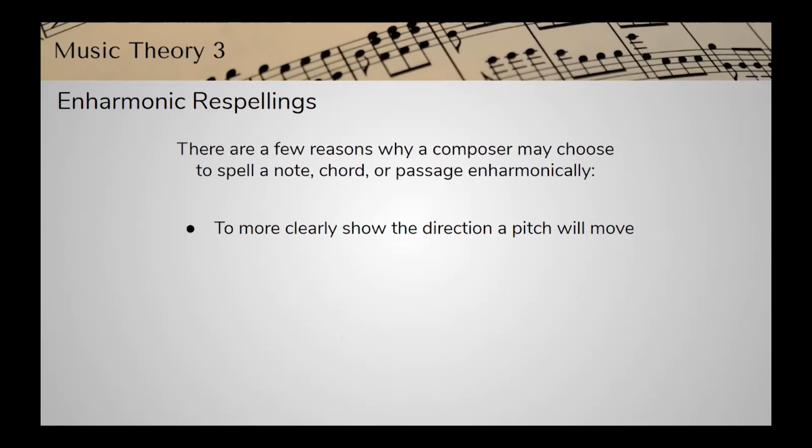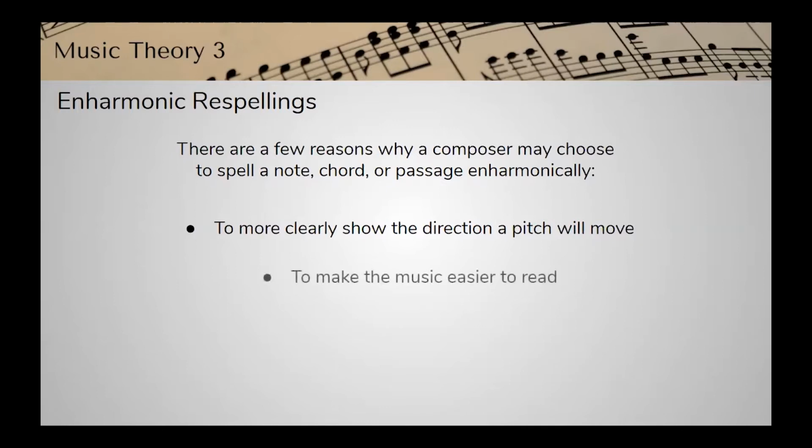To make it look like it's moving downwards on the staff, it's much clearer to write the lower note as an F sharp as opposed to a G flat, because you can see F sharp actually moving down on the staff, as opposed to a G flat, which would look like it is staying on the same line on the staff.